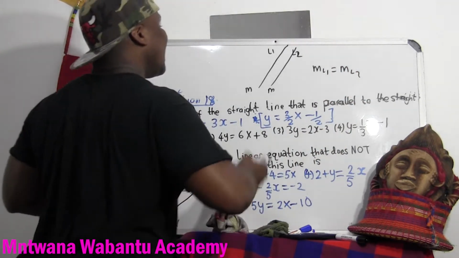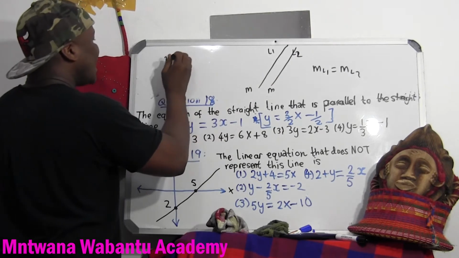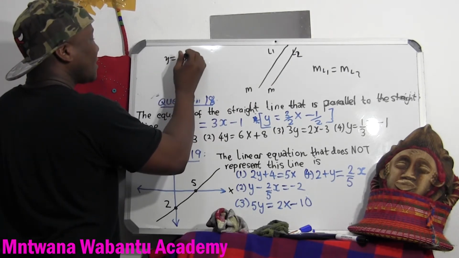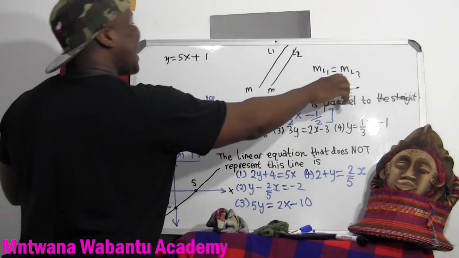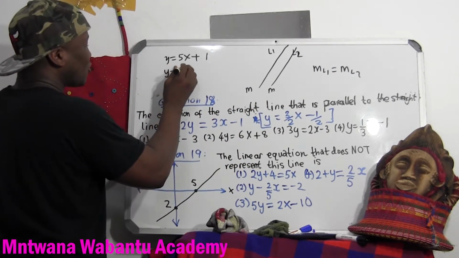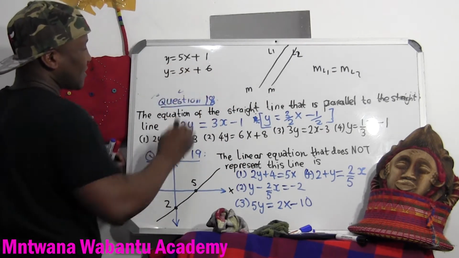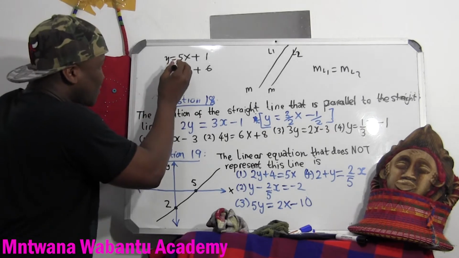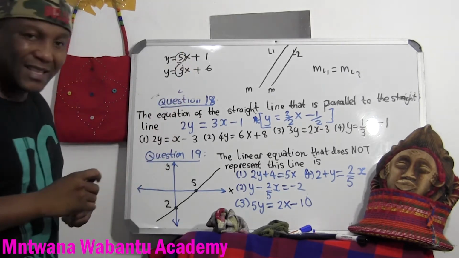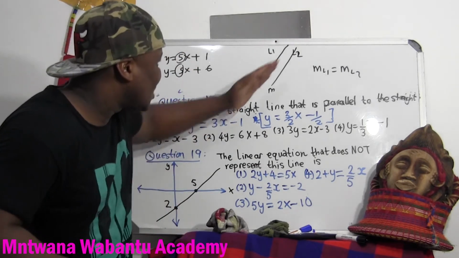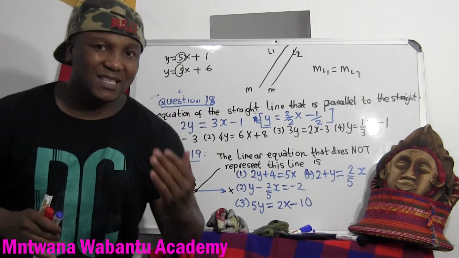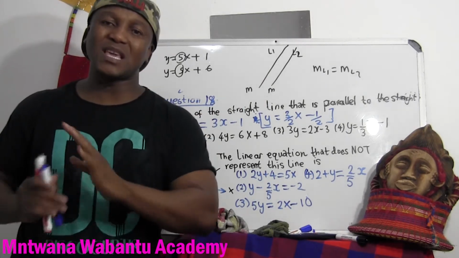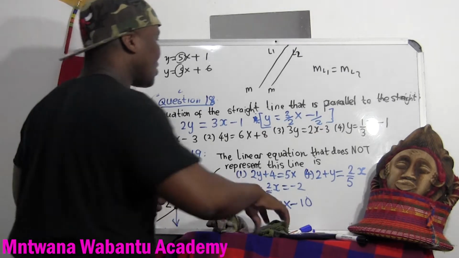Let's say this equation is y equal to 5x plus 1. The second one could be y equal to 5x plus 6. It could be different, but the slope must be the same. You know why they're the same? Because they are parallel to each other. So whenever lines are parallel, their slope must be equal.